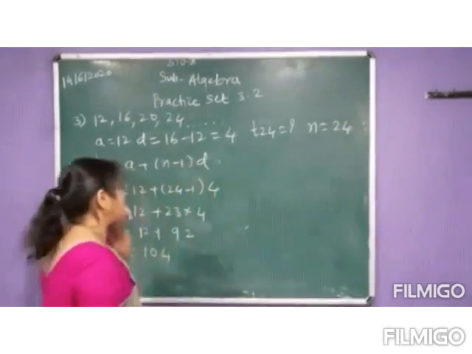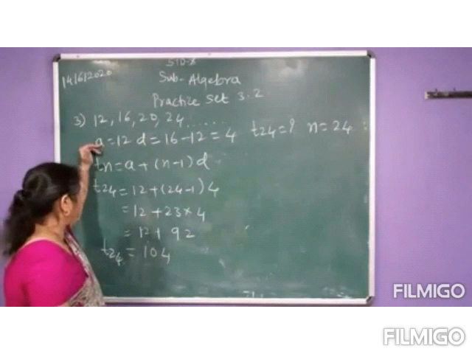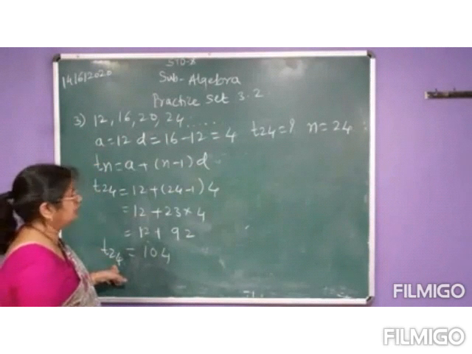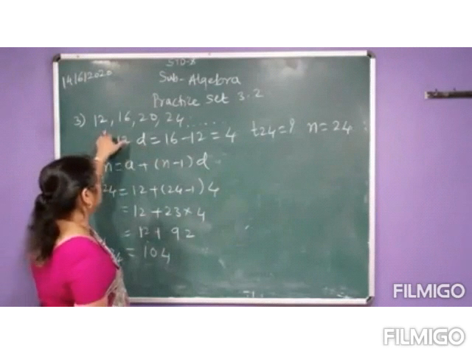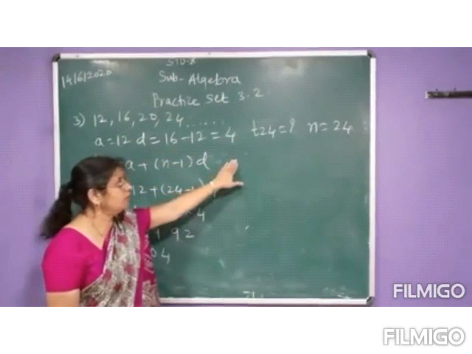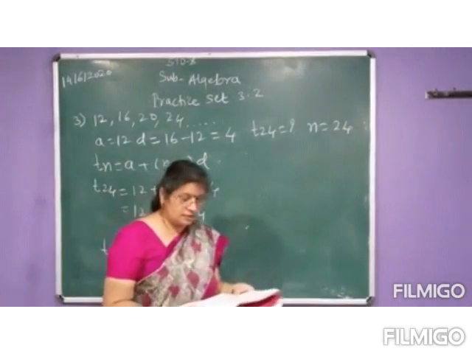So if the arithmetic progression is given, then by using the Tn formula you can find out the 24th term. D is not given, but you can find D by using T2 minus T1, T3 minus T2. So with A and D, you will find out the 24th term.